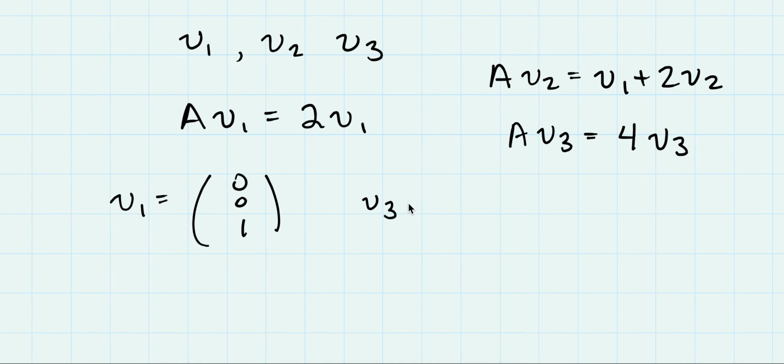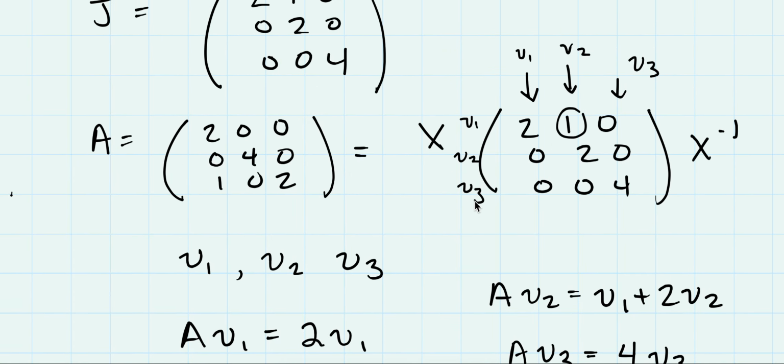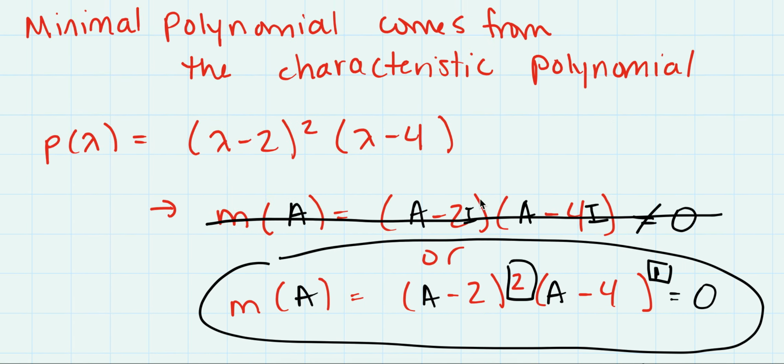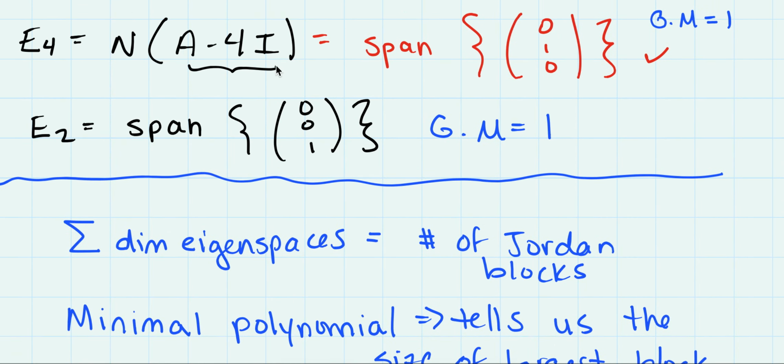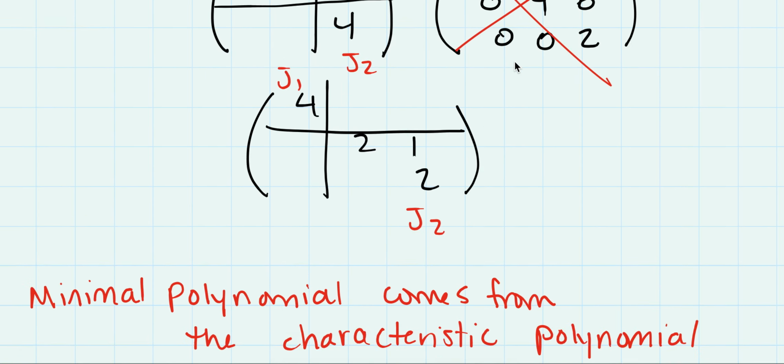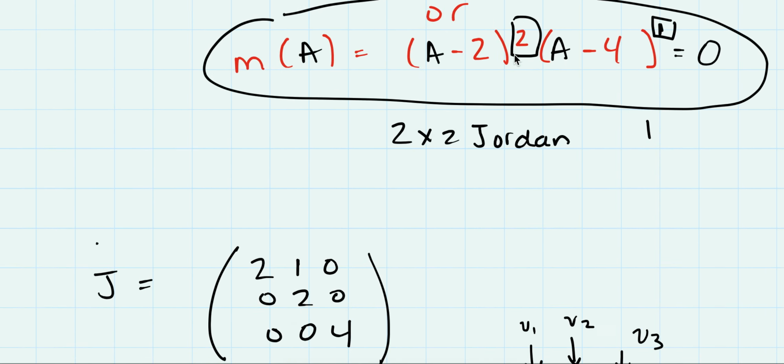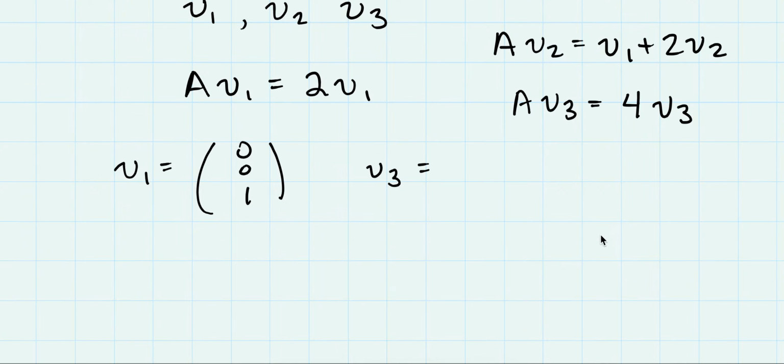So v3 is going to be, let me scroll back up, sorry, I can't remember what the eigenspace was. This is 0, 1, 0, so we can use that vector. Scroll back down. This is 0, 1, 0.